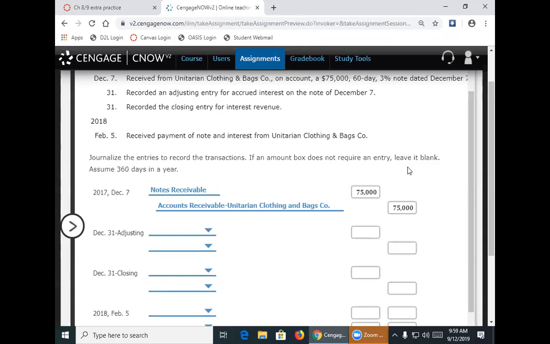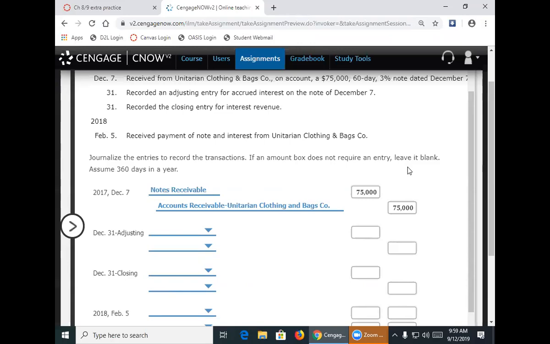So this one, we wrote it on December 7th, and they already calculated the due date, as you can see, is February 5th. It was a 60-day note. But we know, since it spans 2 accounting periods, we have to, on the 31st of this year, 2017, for December, do an adjusting entry for interest that has accrued that we haven't yet received.